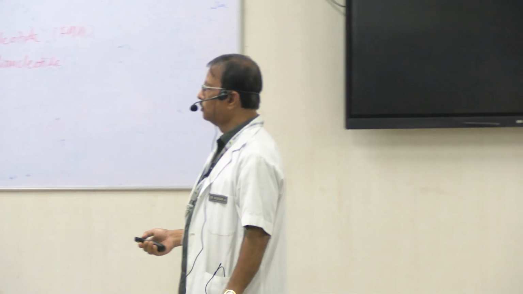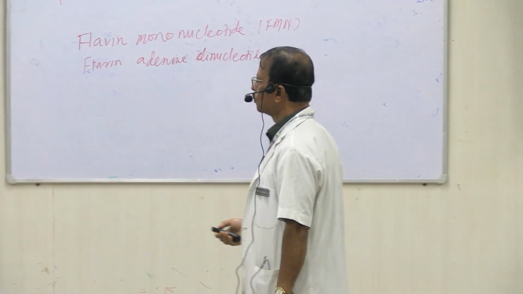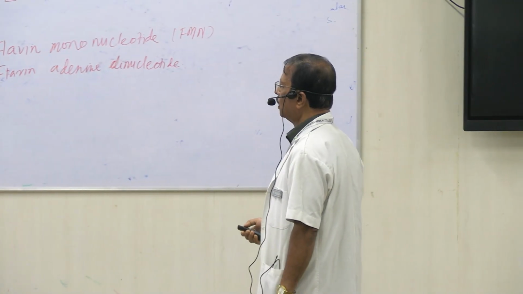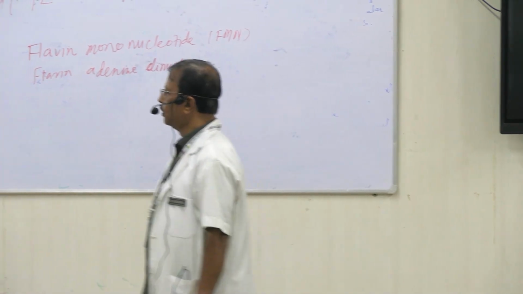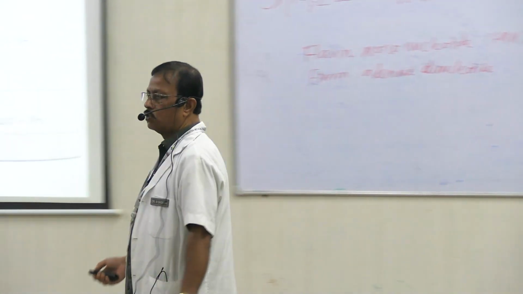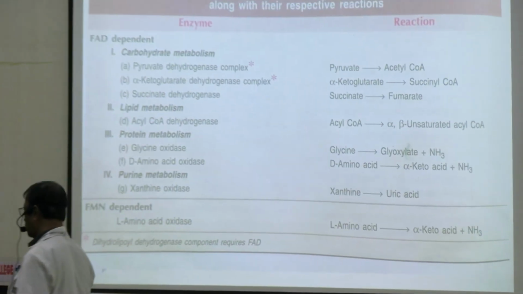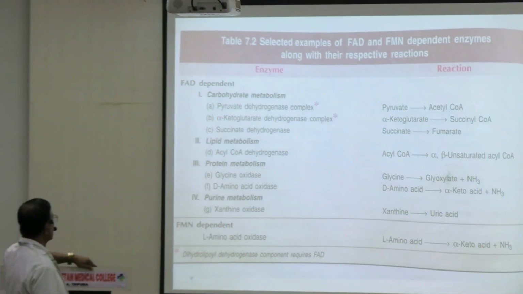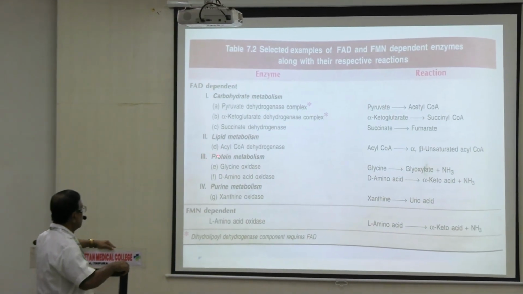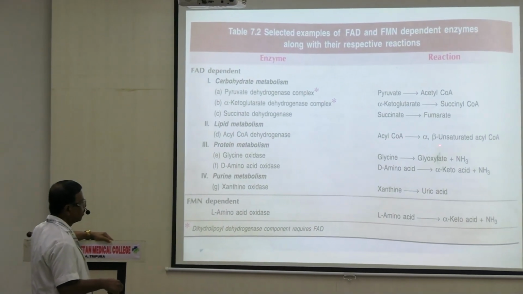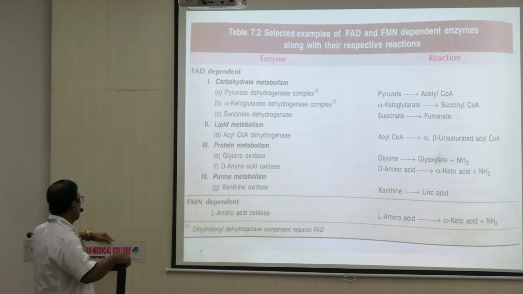You can use the pyruvate dehydrogenase complex, pyruvate to acetyl-CoA; alpha-ketoglutarate dehydrogenase, alpha-ketoglutarate to succinyl-CoA; succinate dehydrogenase, succinate to fumarate. These last two are TCA cycle reactions. Then in lipid metabolism, acyl-CoA dehydrogenase, acyl-CoA to alpha-beta unsaturated acyl-CoA.